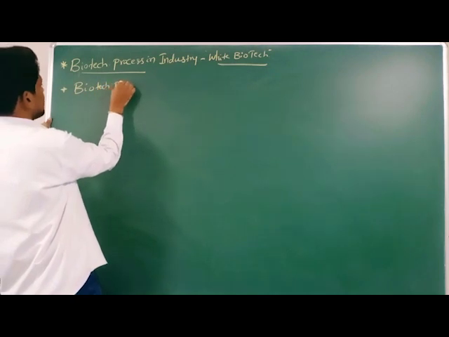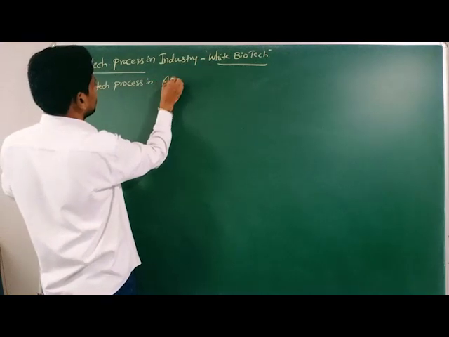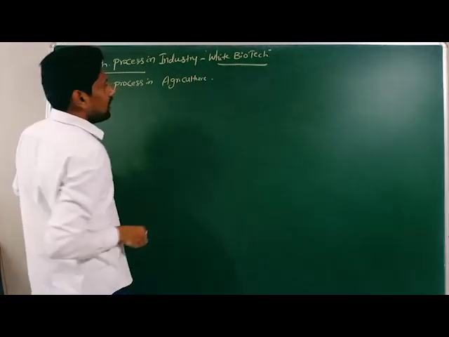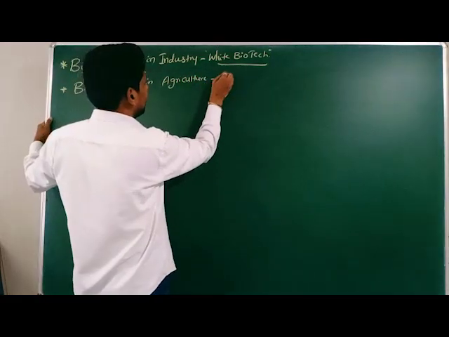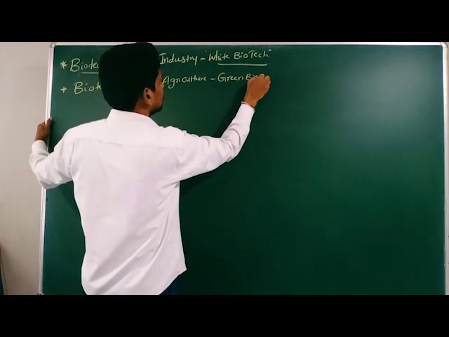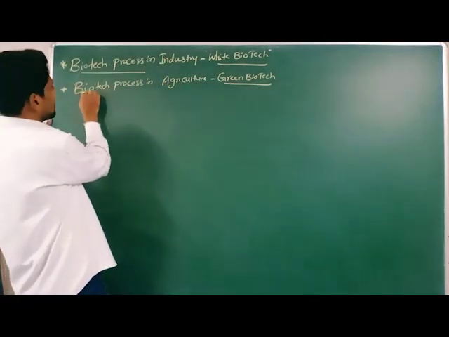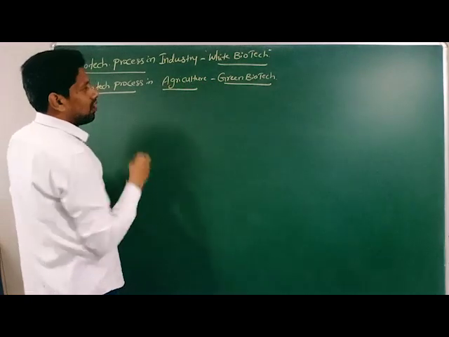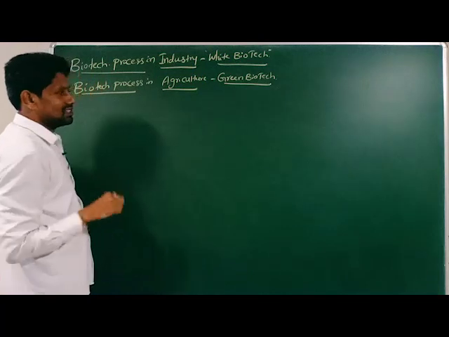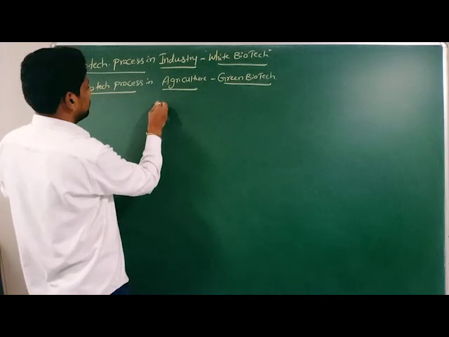Biotechnology processes in agriculture are called green biotechnology. Therefore, biotechnological processes in agriculture are called green biotechnology, and biotechnological processes in industry are called white biotechnology. Is it okay? Right? Now go for the next topic.